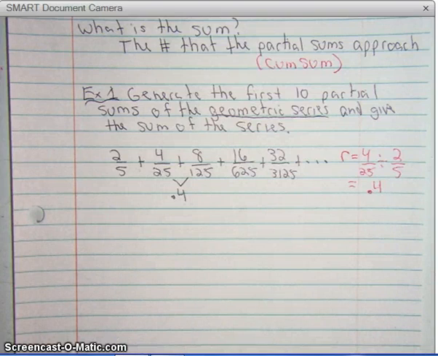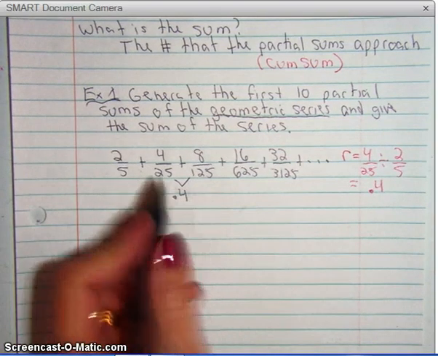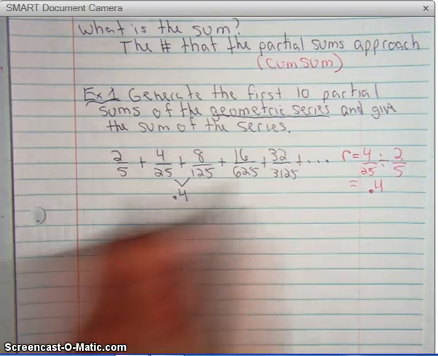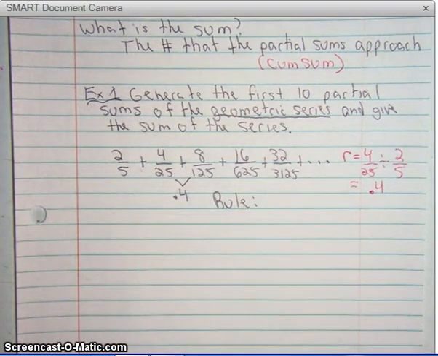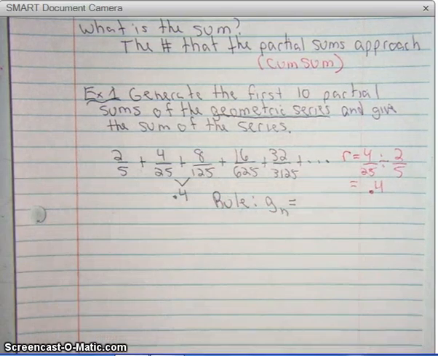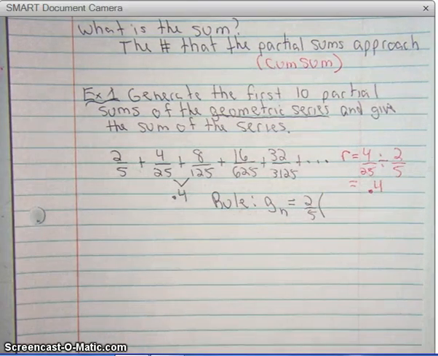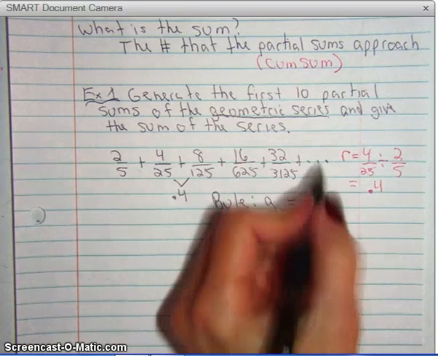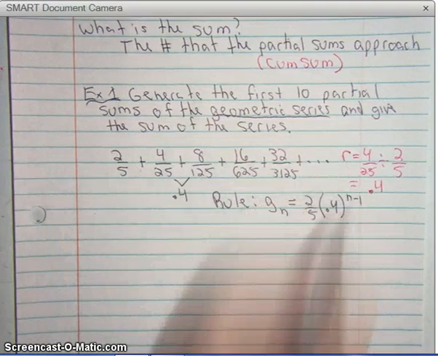Now I need the rule first. So the rule for the geometric series is g sub n equals g sub 1, which is 2/5, times r, which is 0.4, to the n minus 1. Everybody good?